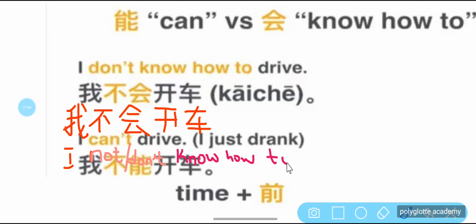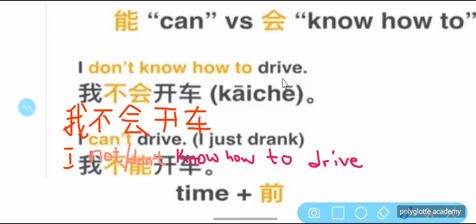So know how to. 很好。开车 means to drive. 开车, that's to drive. 我不会开车 means I don't know how to drive.